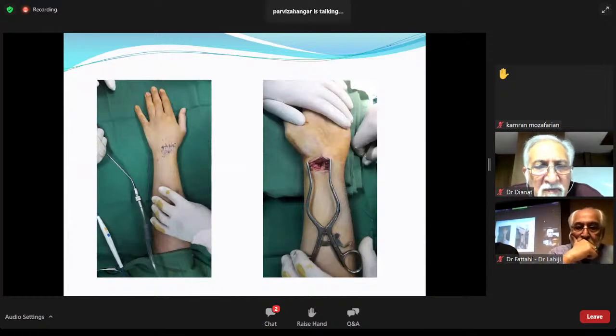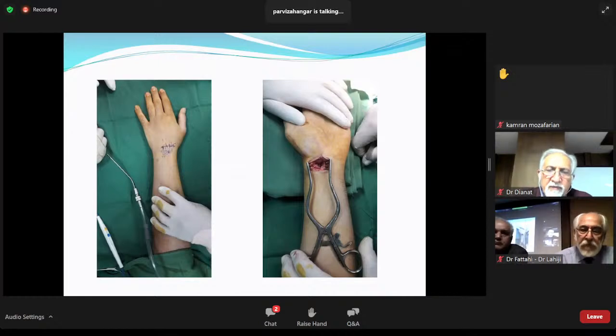First, I try to reduce the fragment from dorsal side, but unfortunately I couldn't do that. And I did a small volar incision and pushed the head back to the scaphoid fossa. Next, please.